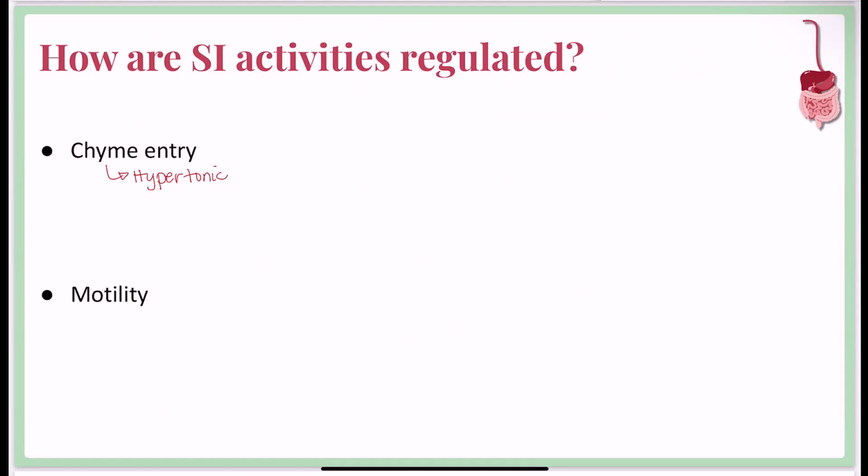When there's a lot of solutes, that's going to draw water and it's going to get the water from our blood, which means that we're going to lose water from the blood by the process of osmosis. And that's going to decrease blood volume because all of that water is going to be shoved into the intestinal lumen. And we really don't want that.